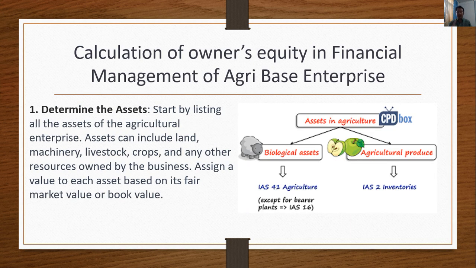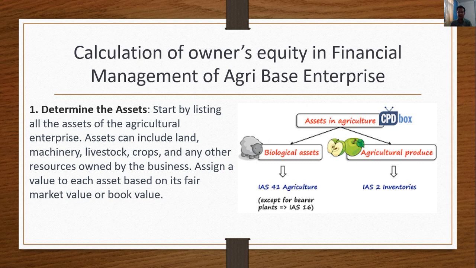So, first, you need to determine the assets. Start by listing all the assets of the agricultural enterprise. Assets can include land, machinery, livestock, crops, and any other resources owned by the business.